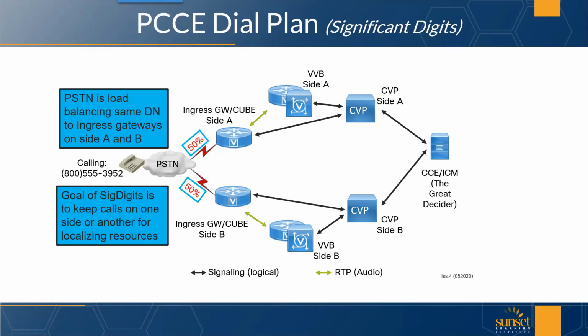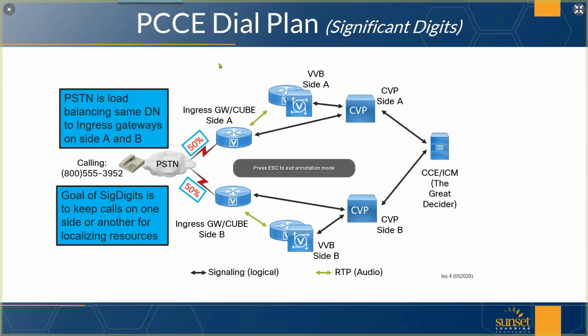So the goal then is to keep the same DN to the ingress gateways on side A or side B. So if the PSDN is load balancing across these gateways, and I return a response to this CVP or that CVP, we want, if the call has come in from here, to return it to that gateway.